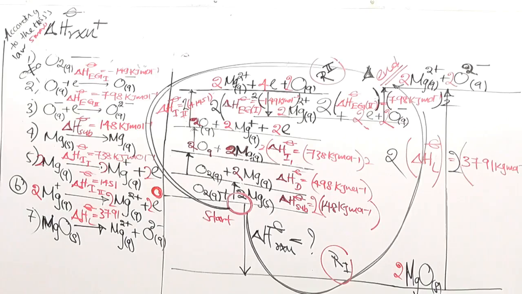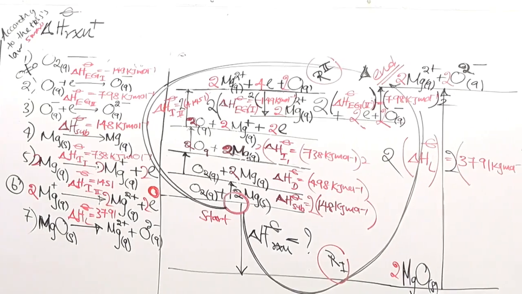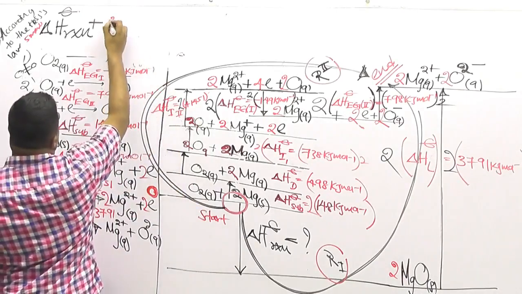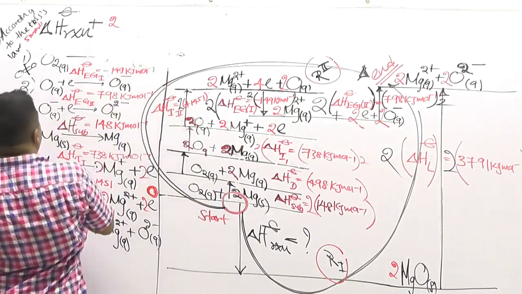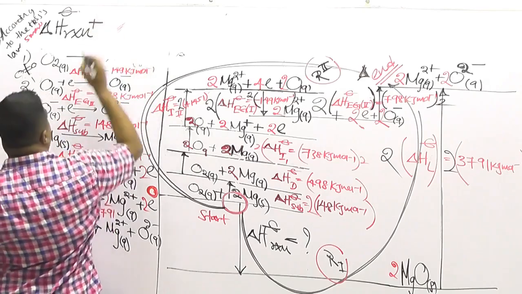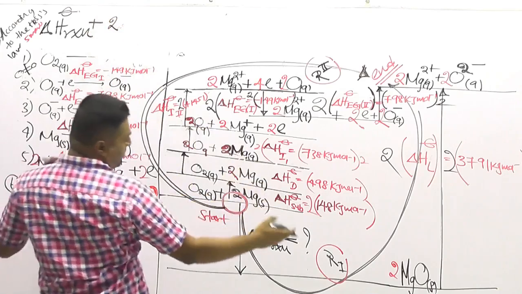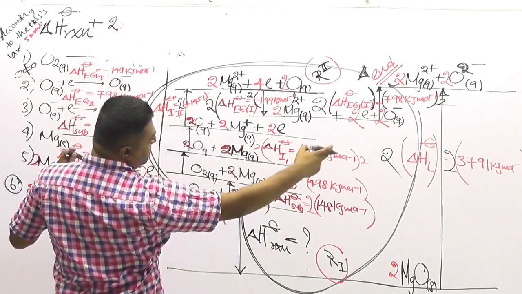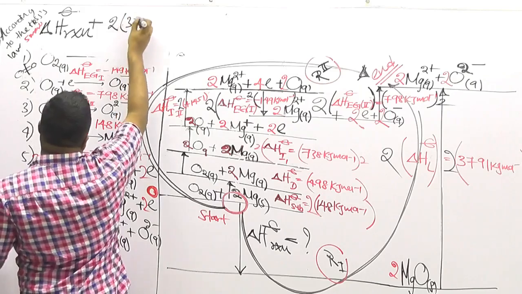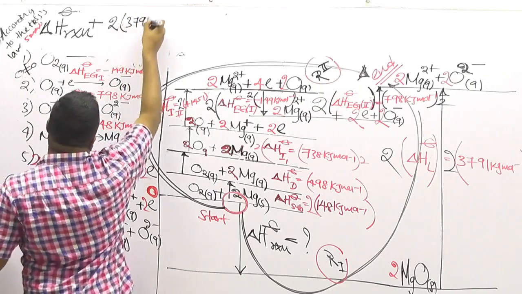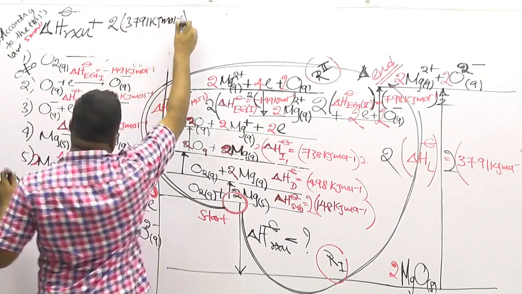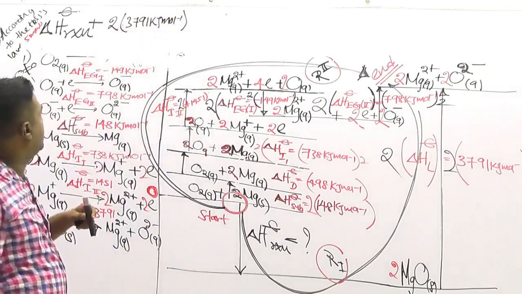According to Hess's law, delta H naught reaction plus twice of 3791 kilojoules per mole, right?